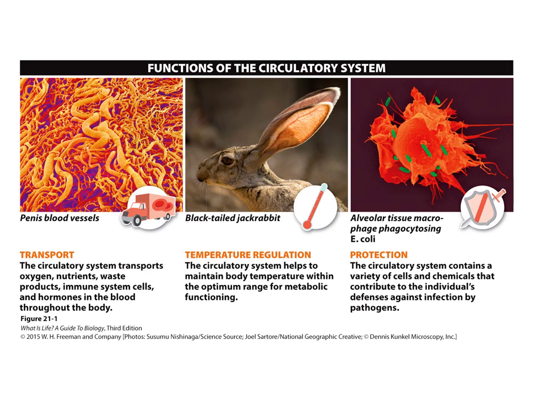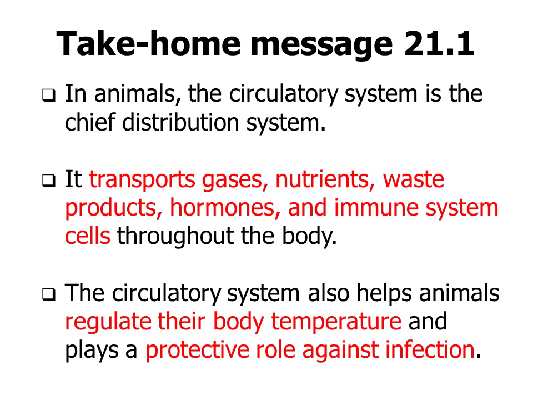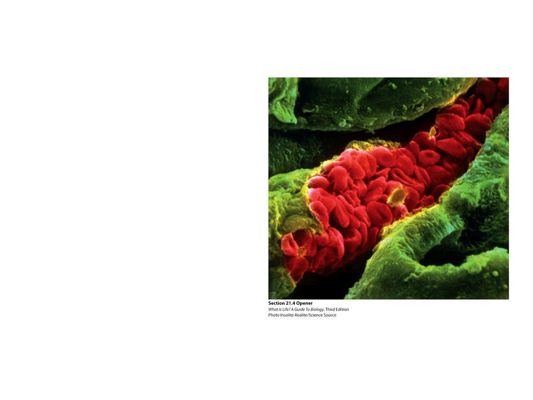They transport, they regulate temperature, and they help protect us from pathogens. So know those 3 functions of the circulatory system and what each of them does. It's just summarizing that.